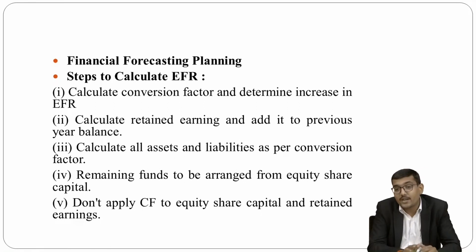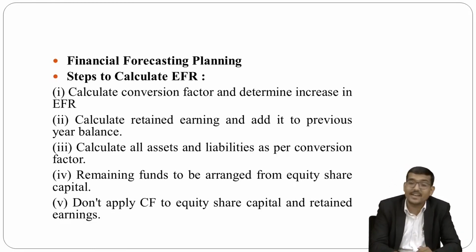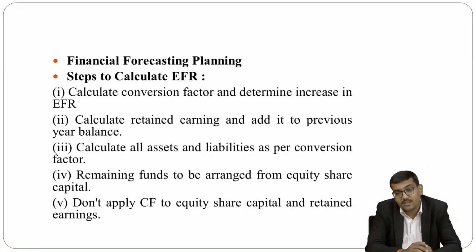And step number 5, do not apply the conversion factor to the equity share capital and retained earnings, because ultimately the remainder of that projected balance sheet is justified on that. So these are the major 5 steps for the forecasting of financial planning.